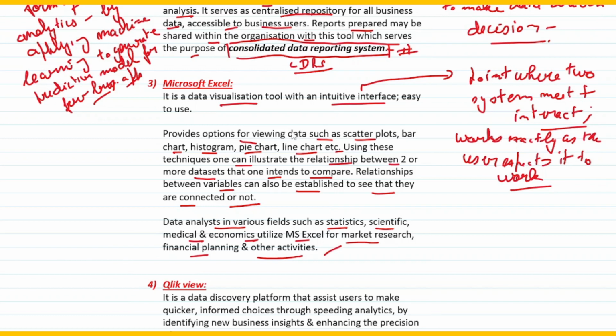Let's revise this once again. The third tool that we did is Microsoft Excel. It's basically a data visualization tool with what? With an intuitive interface. Intuitive simply means easy to use, and it is basically a point where two systems meet and interact. It provides you options for viewing data such as scatter plots, bar chart, histogram, pie chart, line chart. This we have all discussed in the last chapter.